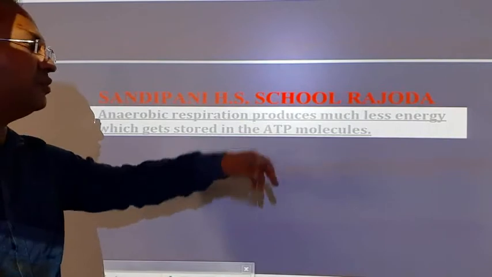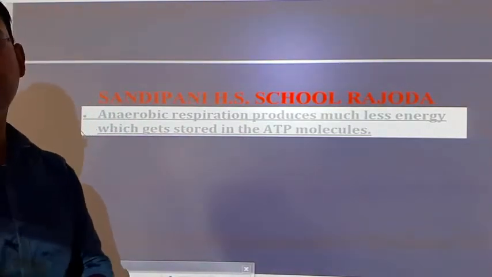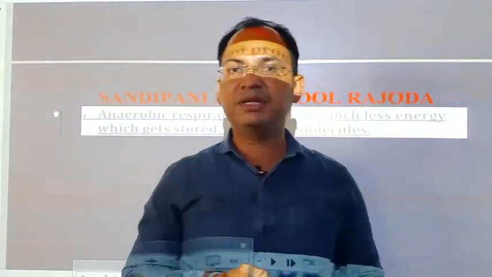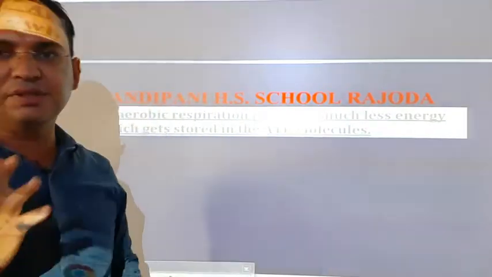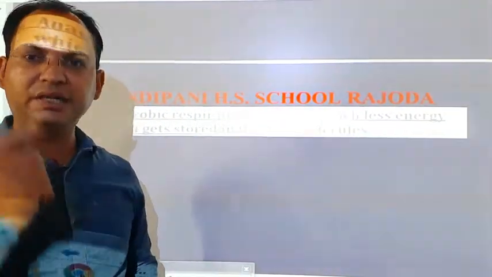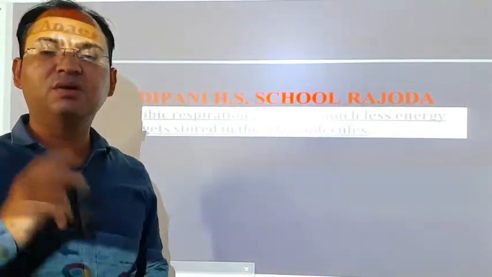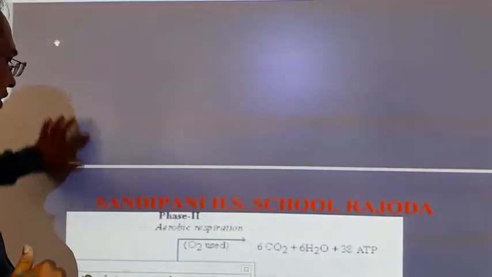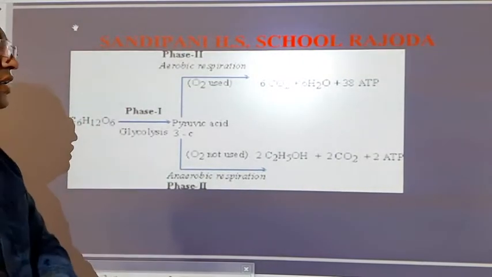Anaerobic respiration produces much less energy, which gets stored in the ATP molecule. In both cases, aerobic as well as anaerobic respiration, energy is produced in the form of ATP, but in aerobic respiration 38 ATP are produced, while in anaerobic respiration only 2 ATP are produced. See here the basic difference between aerobic and anaerobic respiration.